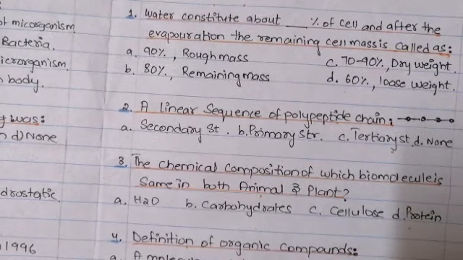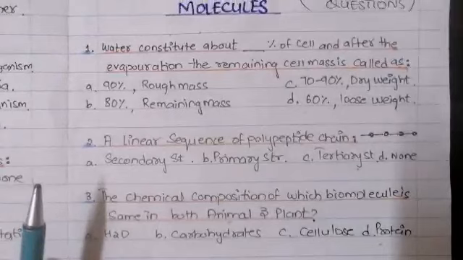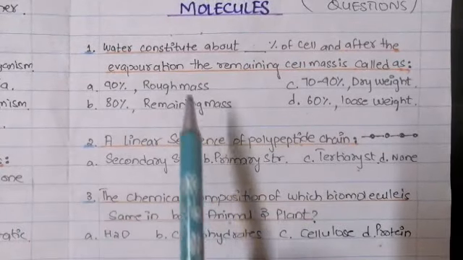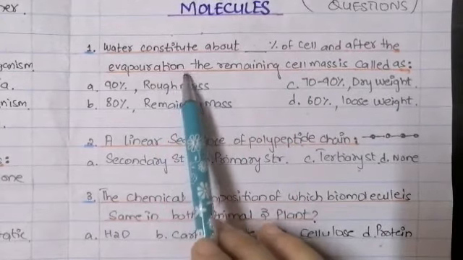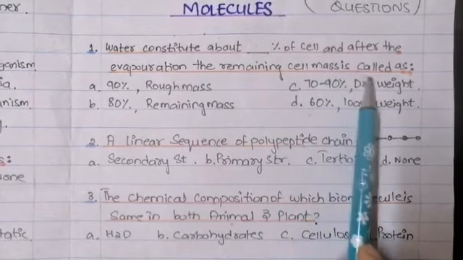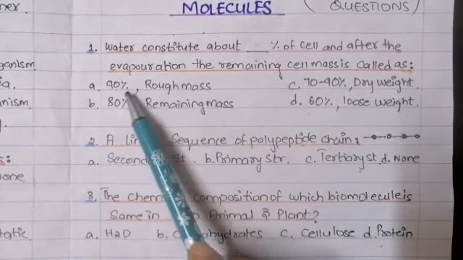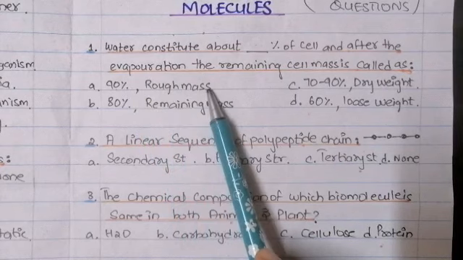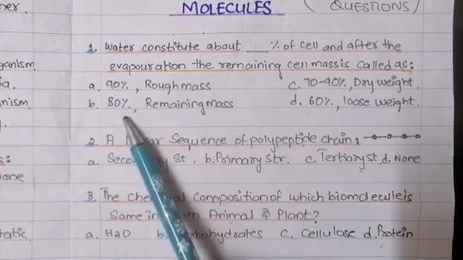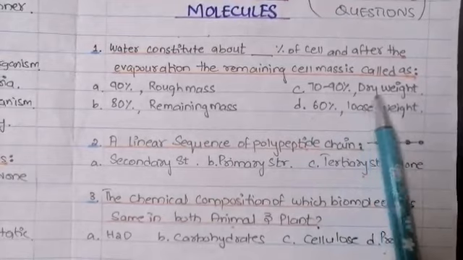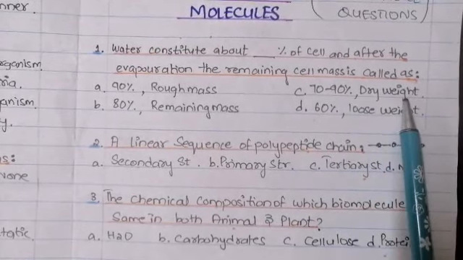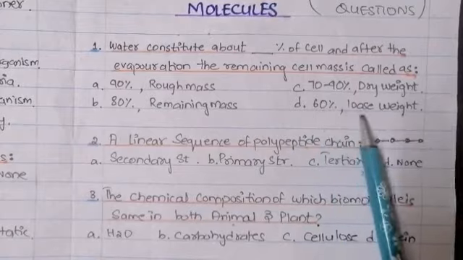So starting from the first MCQ of chapter number 2 of the first year biology, that is the biological molecules. The first MCQ is related to water. It says the water constitutes about blank percent of the cell, and after the evaporation of that water, the remaining cell mass is called what? Options: A, 90% and the mass is called the rough mass; B, 80% remaining mass; C, 70 to 90% and the mass remaining is called the dry weight of the cell; and D, 60% or the loose weight.